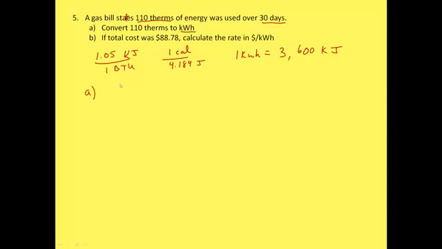So we always start with the conversions. 110 therms. So let's convert that to BTUs. So this is 100,000 BTUs for every 1 therm. So that conversion is made. And then we know that there is 1.05 kilojoules for every 1 British thermal unit.